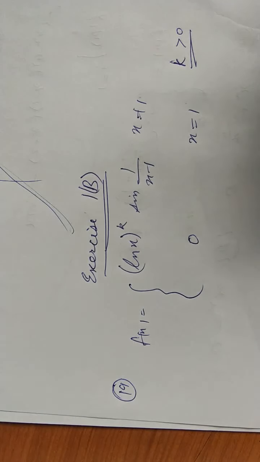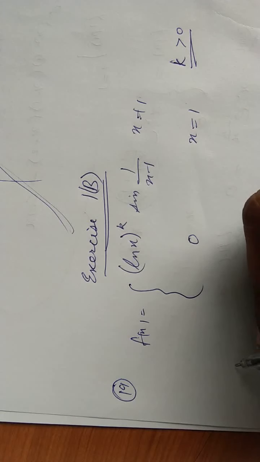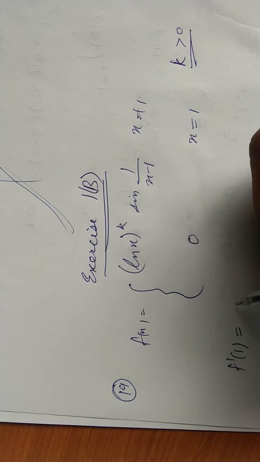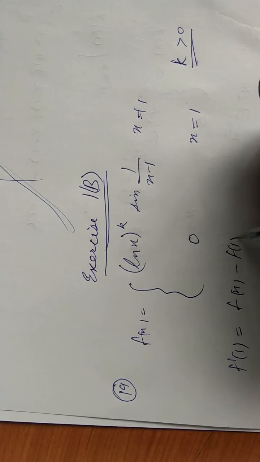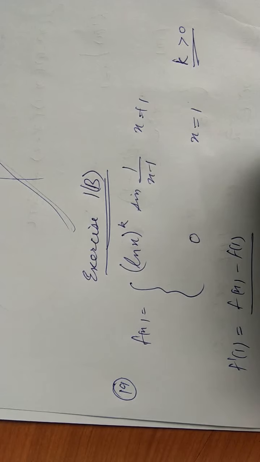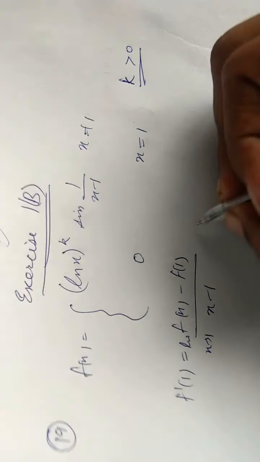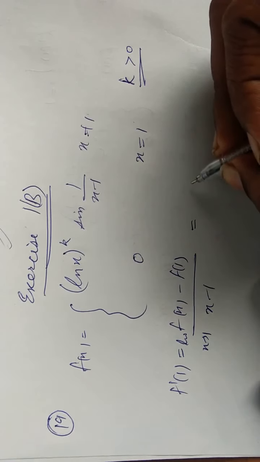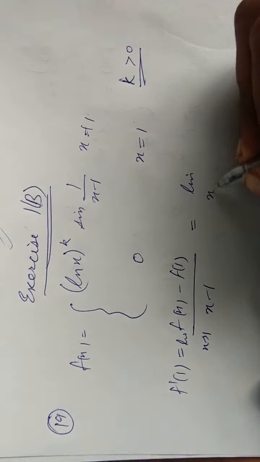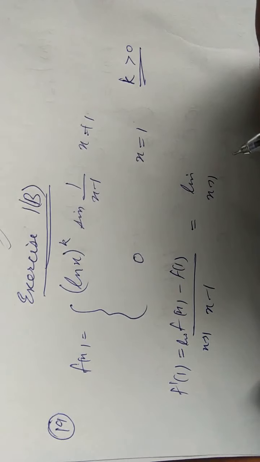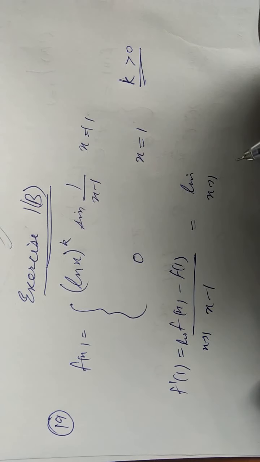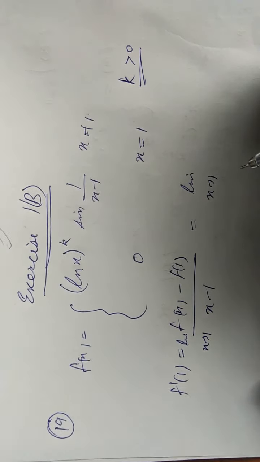Now calculating LHD and RHD. So f dash 1 will be equal to limit x tends to 1 of f(x) minus f(1) upon x minus 1. So this will be limit x tends to 1, or y tends to 0.